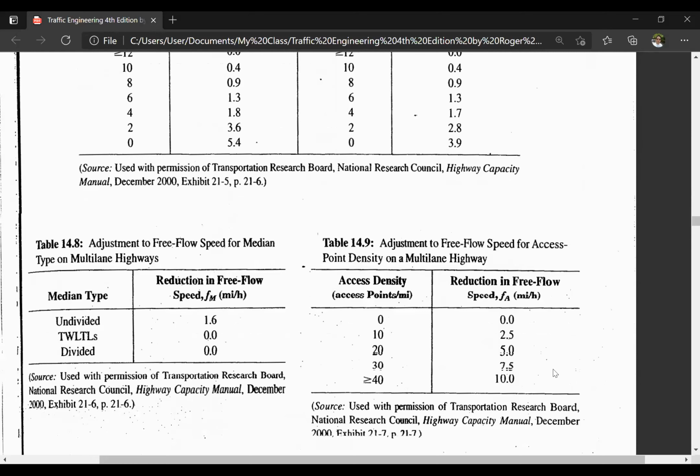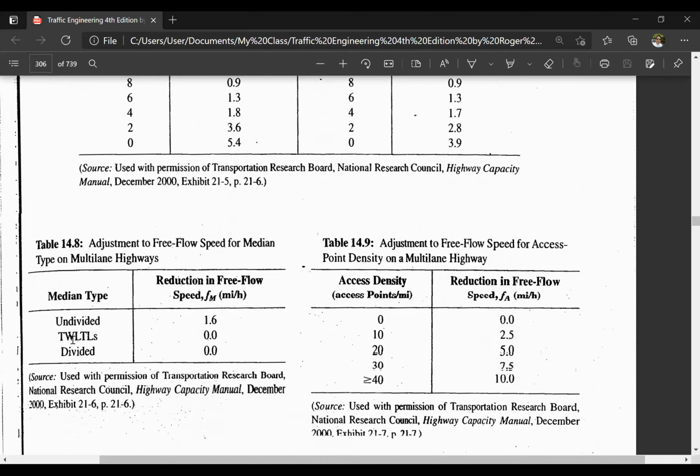If the road segment is undivided, the reduction is 1.6. Okay, two-way left turn 0, divided 0. This is what they said. Don't double count it.